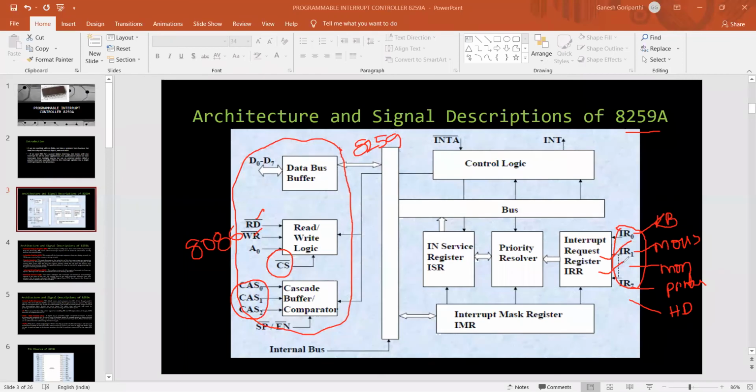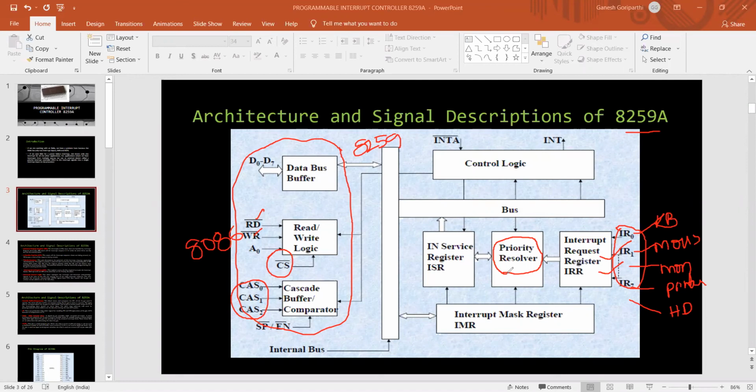The collected interrupt requests from all the peripheral devices will be stored in this particular block called the interrupt request register. After collecting all these interrupts, we have a block here called the priority resolver. We can resolve priority by using some combinational logic circuit, a priority resolver using encoders and decoders.